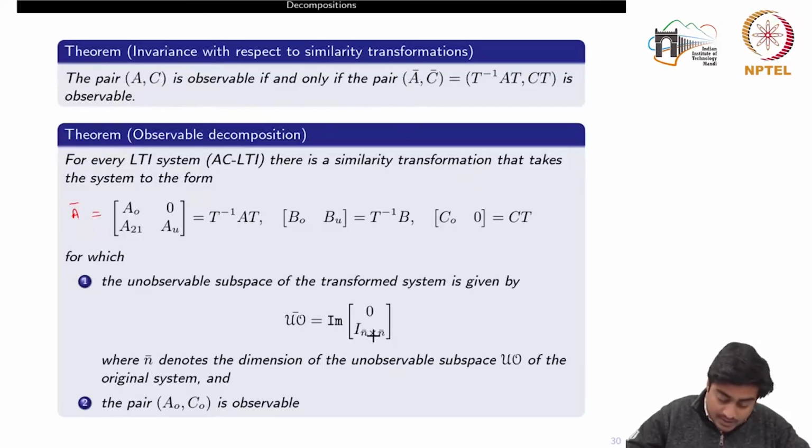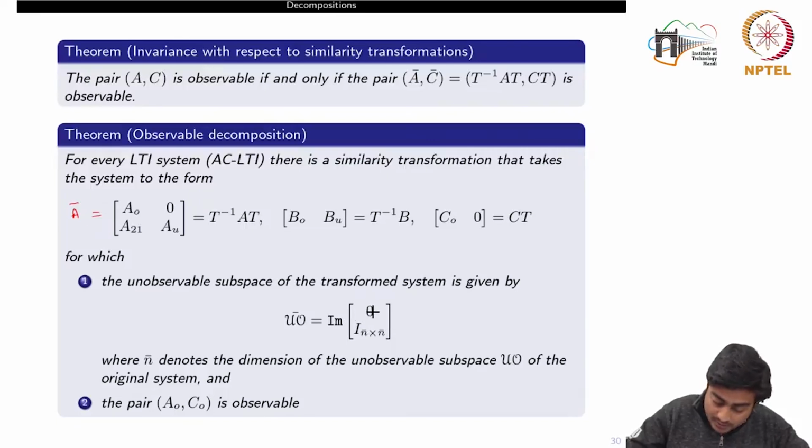This result you can directly obtain from the result we had obtained for the unobservable subspace and its equivalence with the kernel of the observability gramian. So U_O bar is equal to the image of this one.